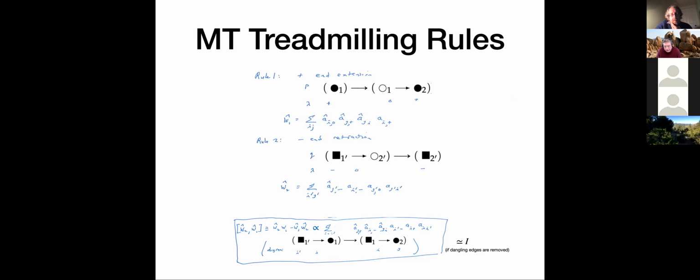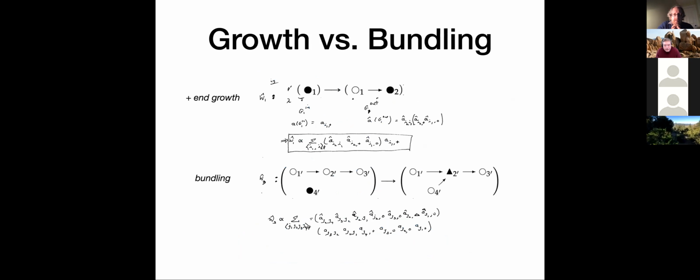There are some extra terms that you have to throw away that involve dangling edges in the graph that don't make sense. And if you trim it, then you get back to what is simply a renumbering of the objects in the shortest possible microtubule, which just has two ends and no middles. So that commutator kind of makes sense.